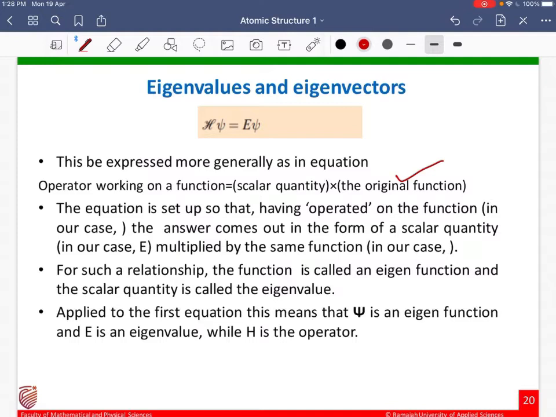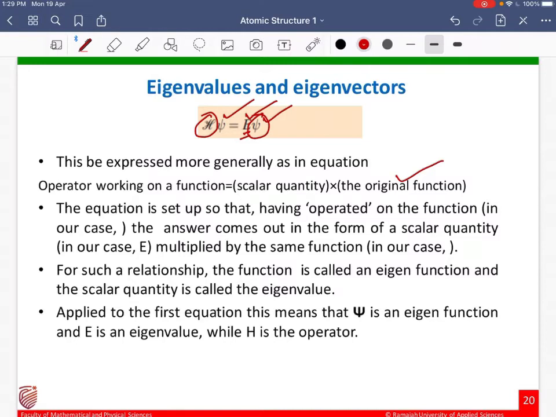The equation is set up so that, having operated on the function psi, the answer comes out in the form of a scalar quantity, in our case E, multiplied by the same function, in our case psi.